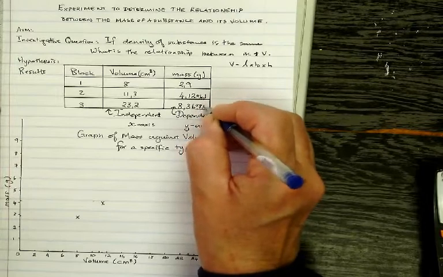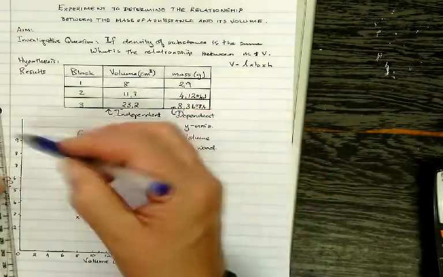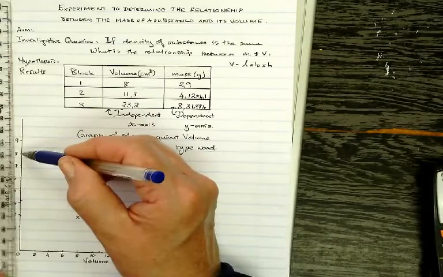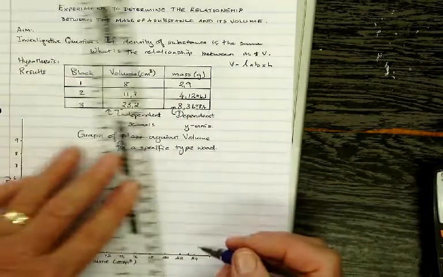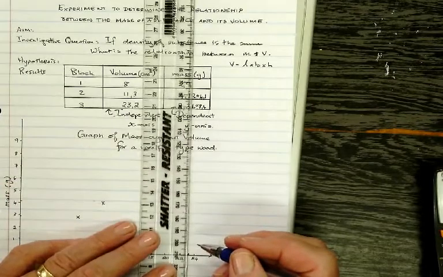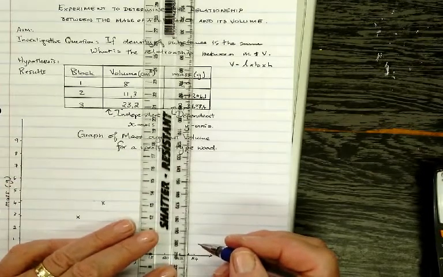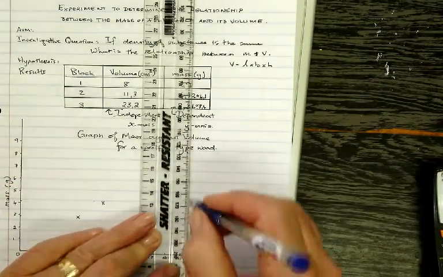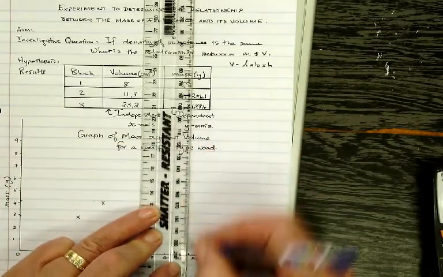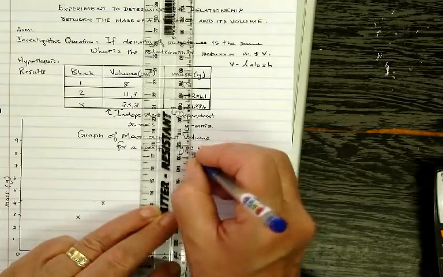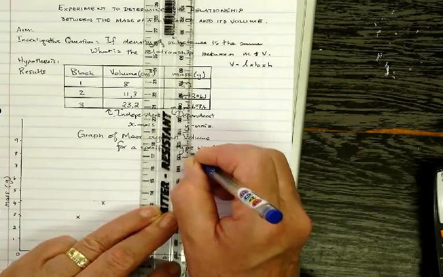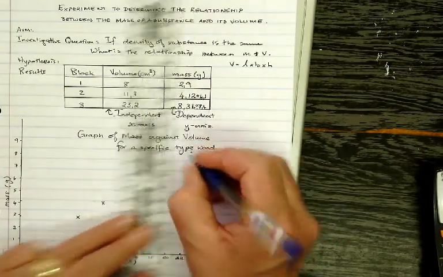So I have to go up to 8 centimeters, 0.4. So going to 23.1, I need to go up 8. So it's 1, 2, 3, 4, 5, 6, 7, 8.4. So my third point is there.